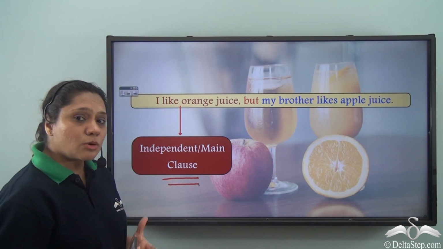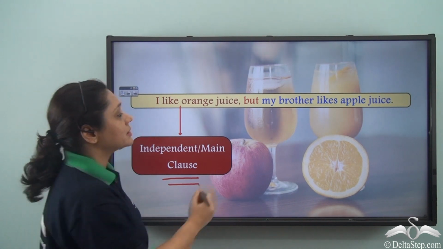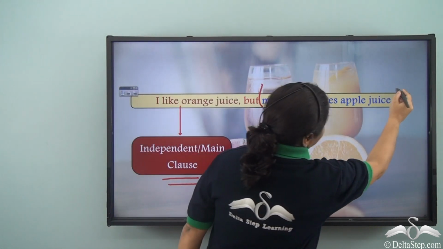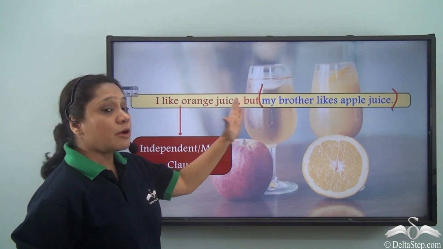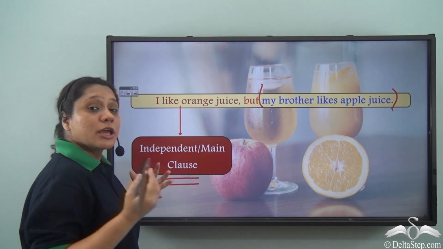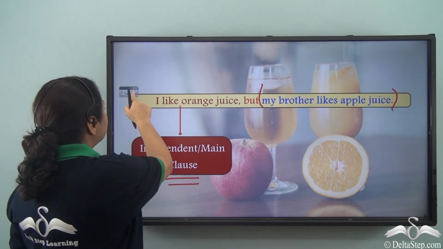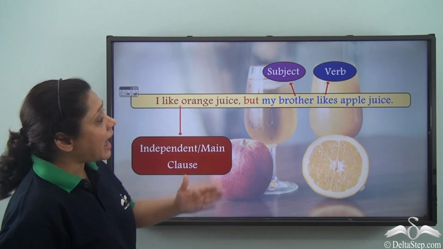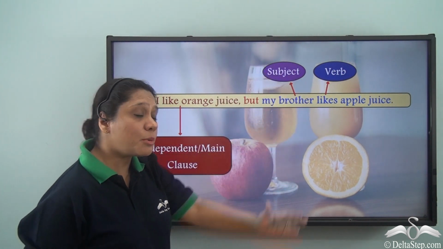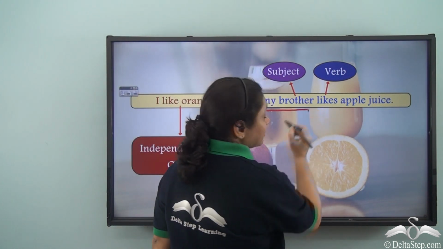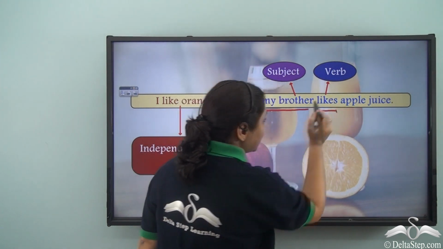Now let us look at the second half of the sentence. My brother likes apple juice. Now this part of the sentence is also a group of words which has a subject and a verb. Subject my brother and the verb likes.